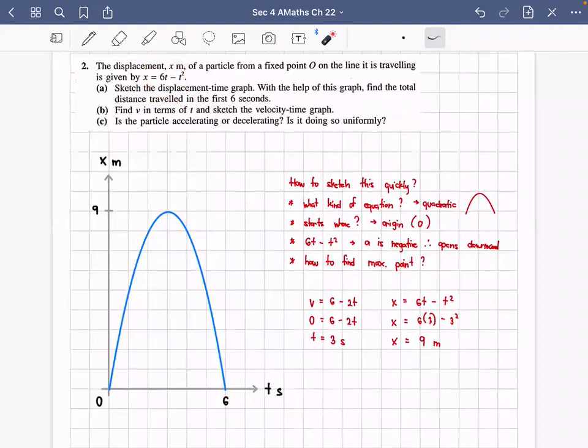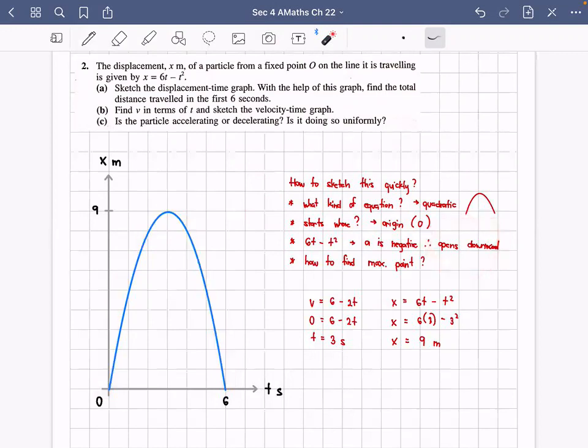And it starts on the origin. Since this is negative t squared, where a is negative, that means your curve is opening downwards like this.